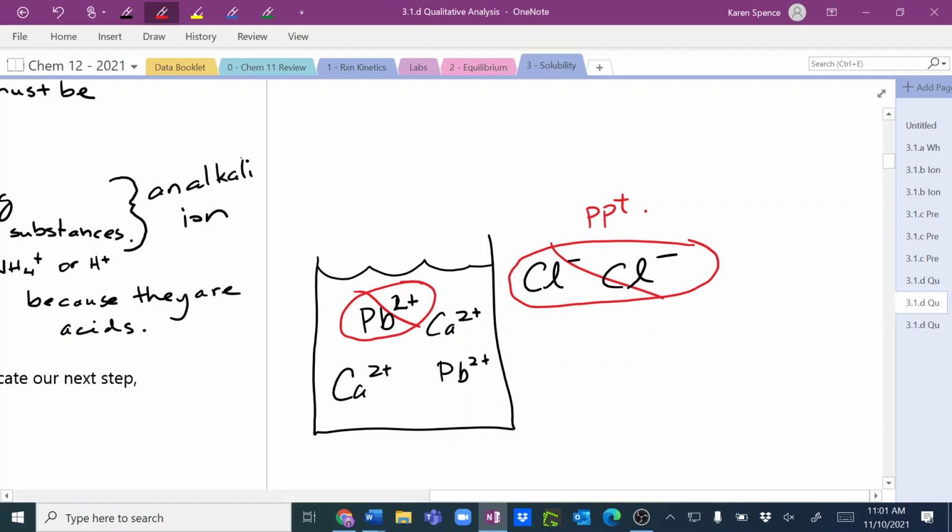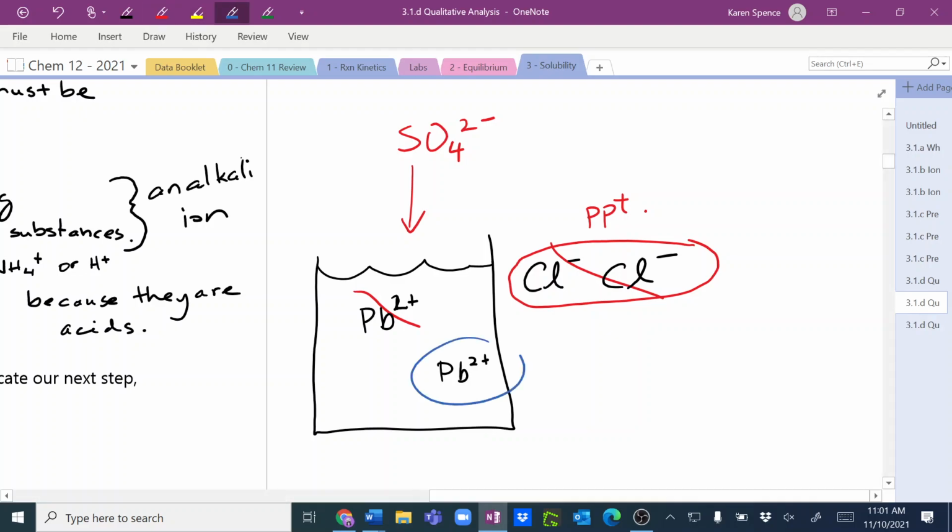So if I now add sulfate, and let's say I didn't have any calcium, but I'm checking for calcium by adding sulfate, the lead will get together with the sulfate, and I'll see a precipitate and I'll think, oh, I've got calcium. But really I don't because I just didn't manage to get rid of all the lead. You're not going to have to explain that.